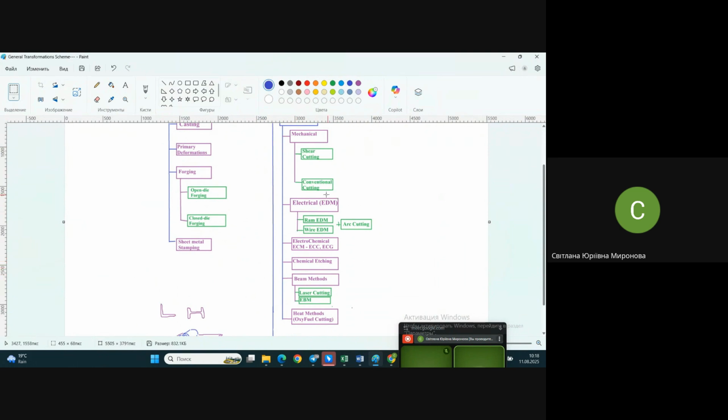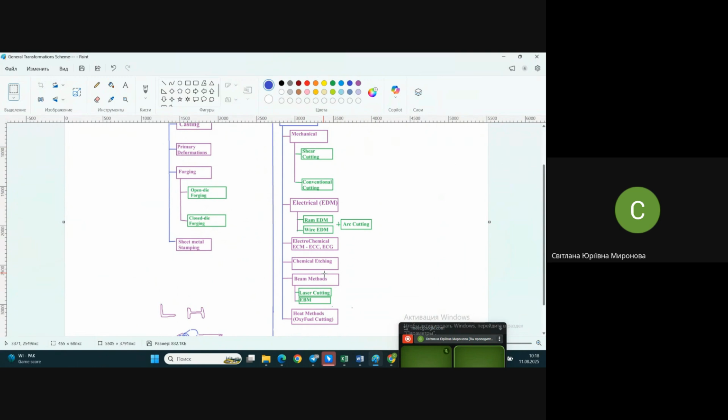All these techniques of separating material which are hidden in other groups are united under the name non-conventional cutting. And conventional cutting itself is also separated into at least two different groups: blade cutting, cutting using blades, and abrasive cutting.